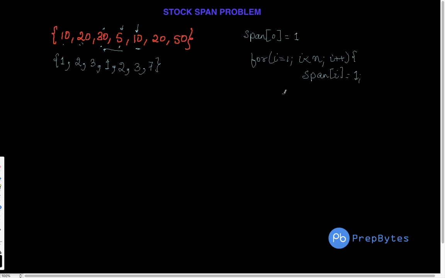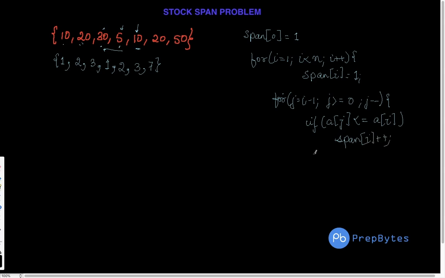And I'll run a loop from j equal to i minus 1, and it will run only till j is greater than or equal to 0. Okay, and I'll keep on decrementing my j. In this loop I'll check if a of j is less than or equal to a of i, I'll simply increment span of i.